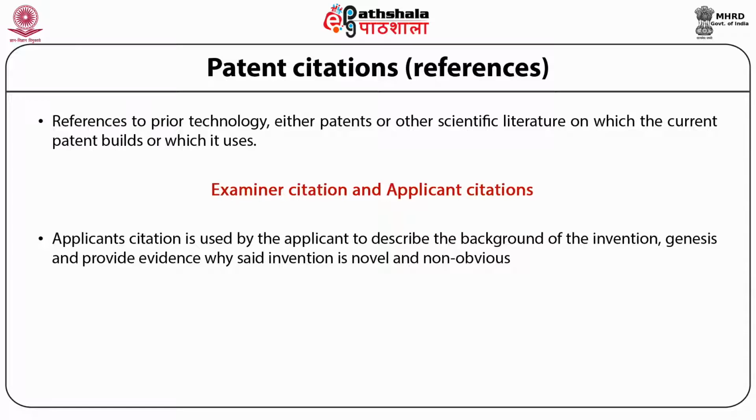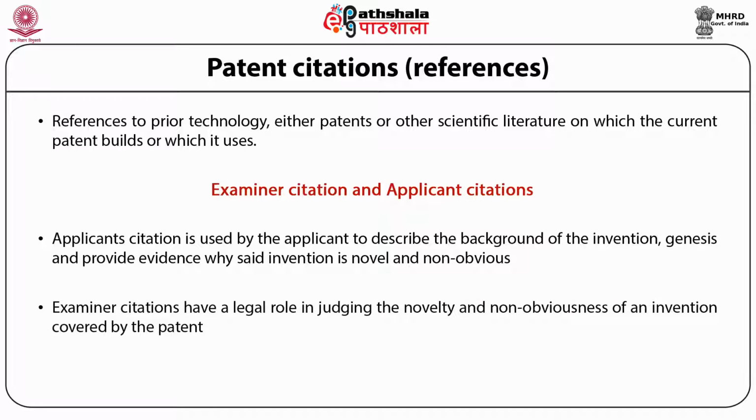So, this application citation also acts as a sort of establishing the claim of a patent, that is why this patent needs to be granted. A more legal aspect of this patent document is the examiner's citations.